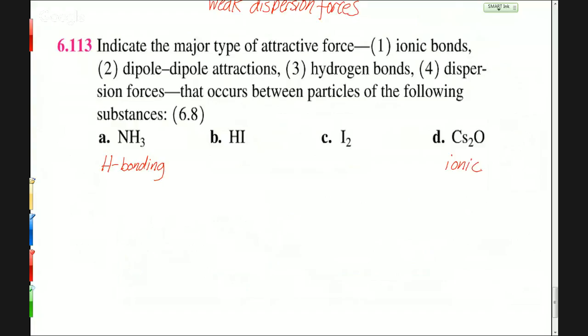Does cesium have only one possible charge, or can it have some different possible charges? Just one, right? Because it's in that first column, and everything in that group 1 is only +1. So that means you were right the first time. You don't need the number because it can't have more than one possible charge. There's only one possible charge that cesium can have, and that's +1.